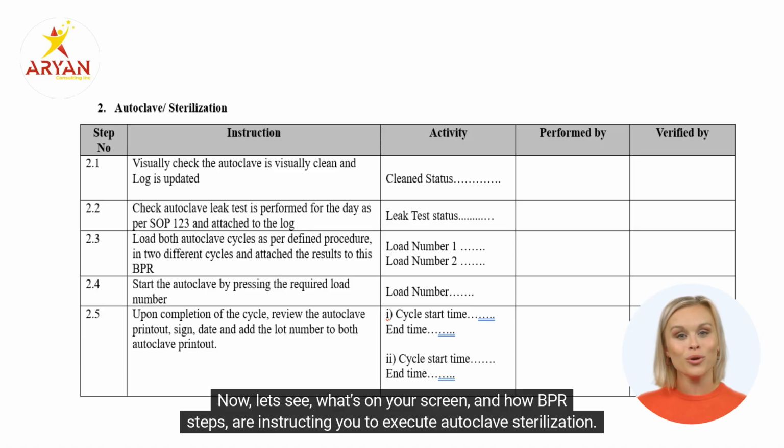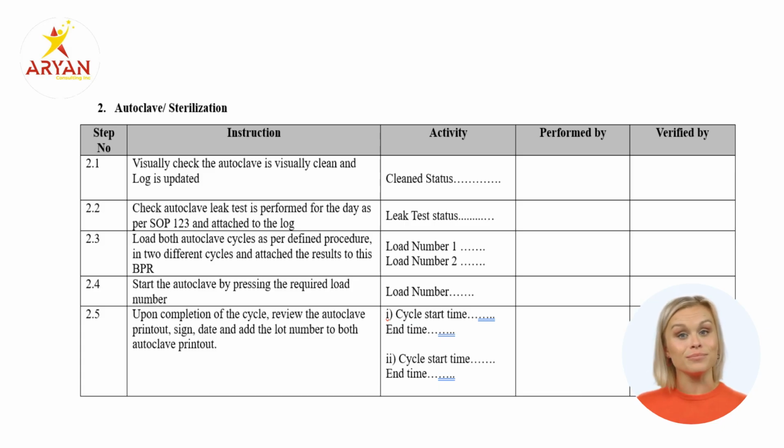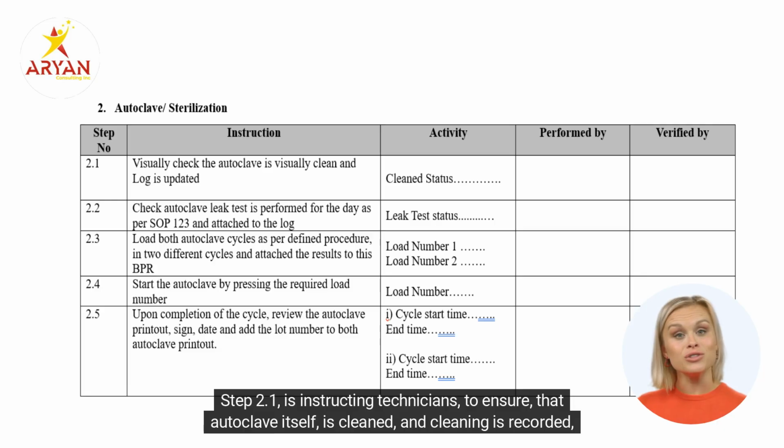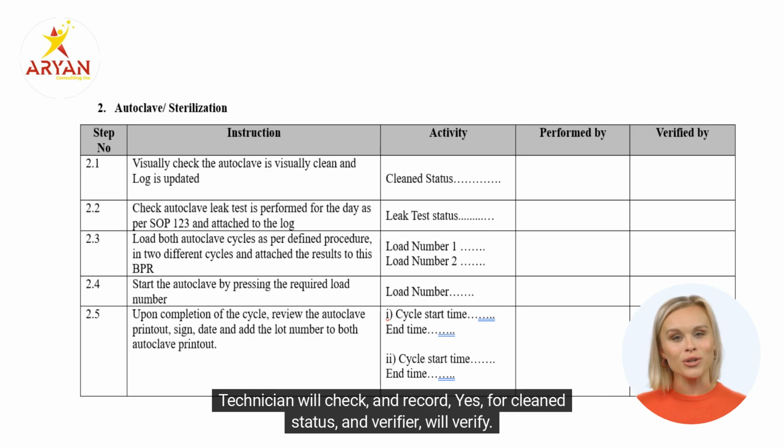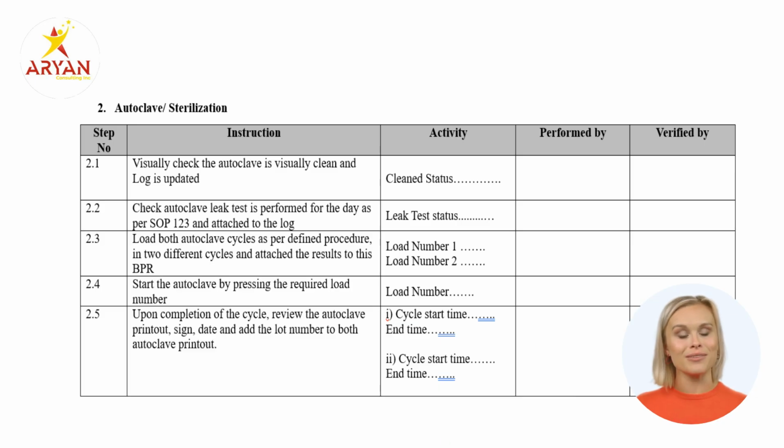Now let's see what's on your screen and how BPR steps are instructing you to execute autoclave sterilization. Step 2.1 is instructing technicians to ensure that autoclave itself is cleaned and cleaning is recorded in the log. Technician will check and record yes for clean status and verifier will verify.